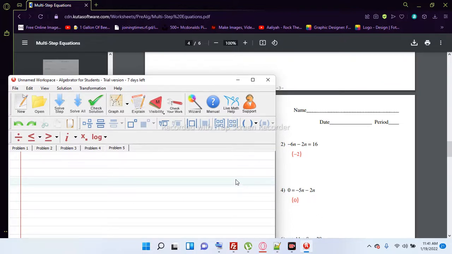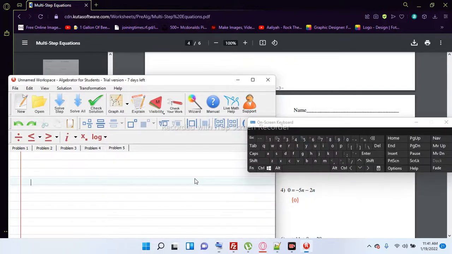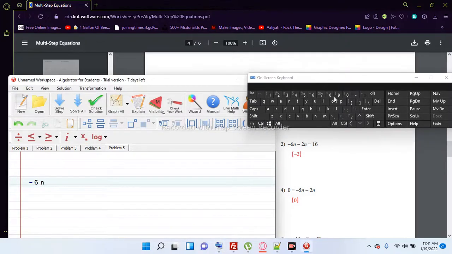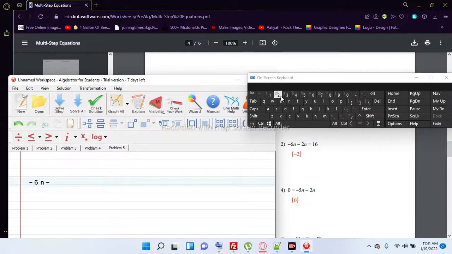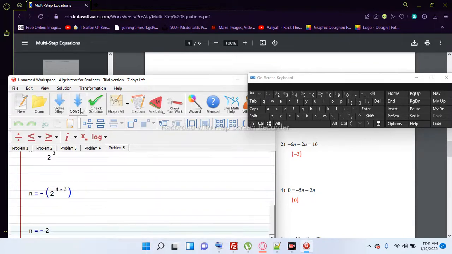So we type in the negative sign again, negative 6n, minus 2n, equals, right, 16. Again, you go to solve all, and you see n equals negative 2. Same thing, n equals negative 2.